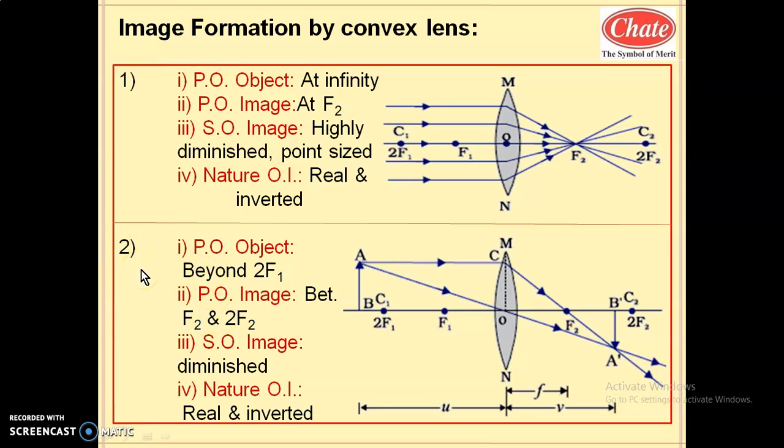Now the second possibility. After the infinity we are shifting the position of the object toward the lens. So the next possibility is when the object is beyond 2F1. Now for drawing the diagram, again use the same procedure. Draw a horizontal line.